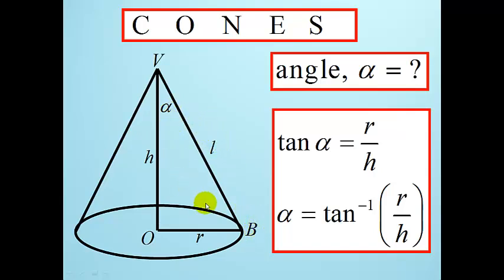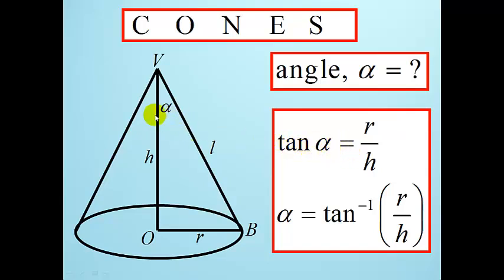Now, assuming we were given the base radius, that is R, the side opposite to the angle, and we are also given the adjacent, that is h, the height of the cone. How do we find the semi-vertical angle, that is alpha? Now, we use the ratio tan alpha because tan is equal to opposite over adjacent.